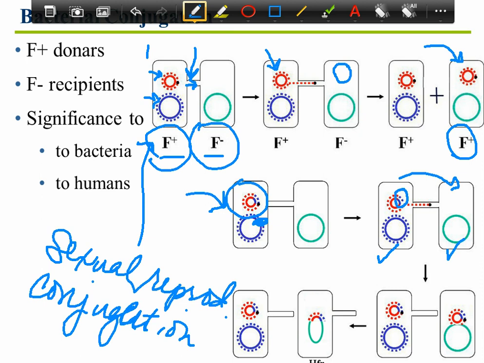Whereas up here on the top row, only genes from the plasmid ended up in the recipient. And then at the bottom, there's another, even a different variation, where the whole plasmid inserts into the host cell chromosome. Okay, why important? Again, this can be used in a laboratory for manipulation of bacteria. It also happens in nature.